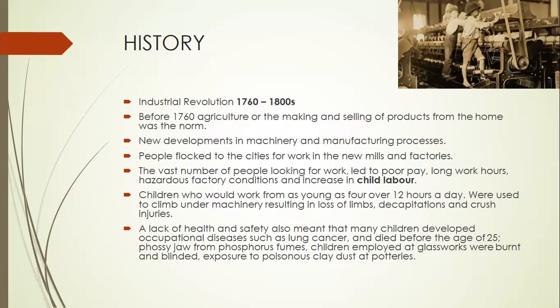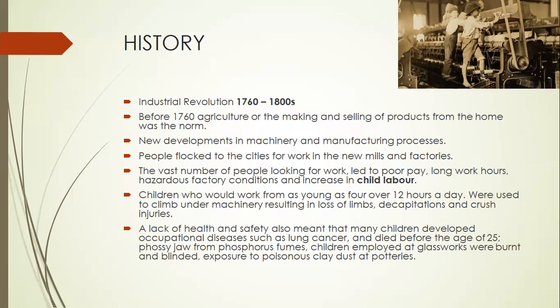Children were made to work as young as 4 years old and for over 12 hours a day. Because of their small size, they were used to climb into and under the machinery, which resulted in loss of limbs, decapitations, crush injuries, and a lack of any health and safety also meant that children developed occupational diseases at a very young age, such as lung cancer. They would die as early as 25.